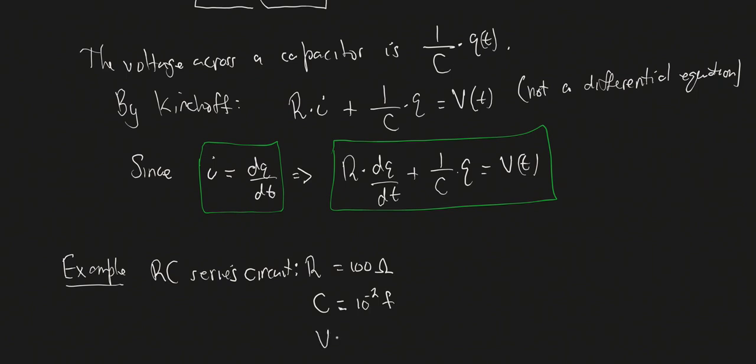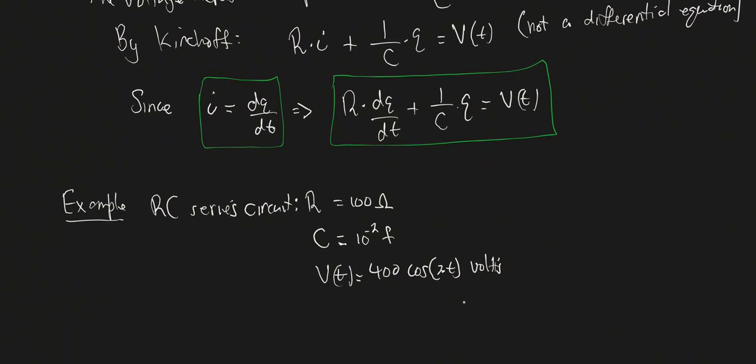And our voltage is now a cosine function, cosine of 2t volts, right? And let's say there is no charge, so the initial charge is equal to 0.